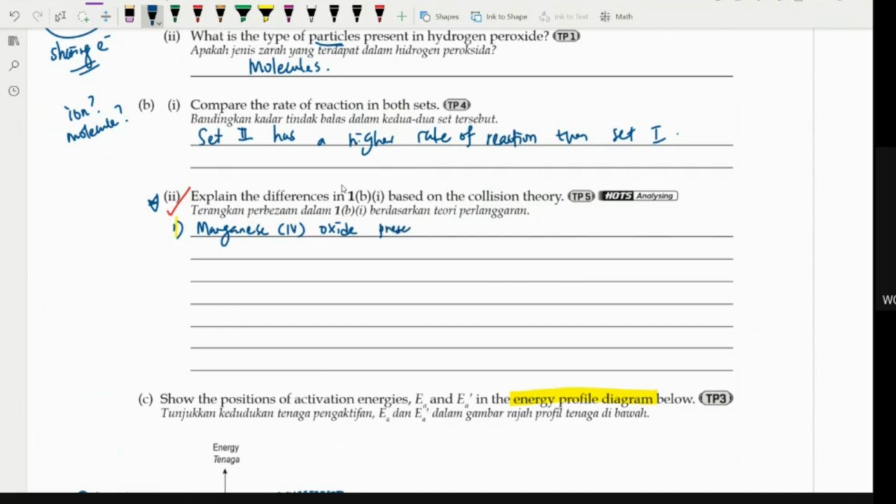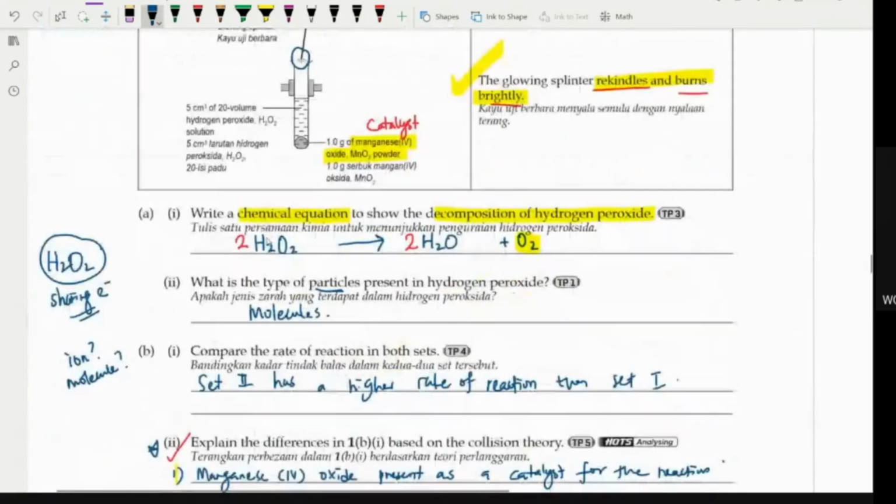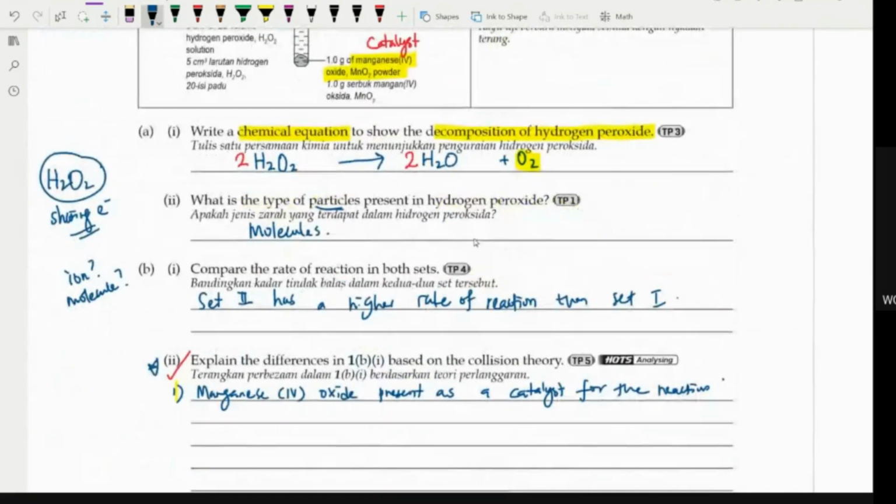is present as a catalyst for the reaction of hydrogen peroxide solution in set 2, but not in set 1.